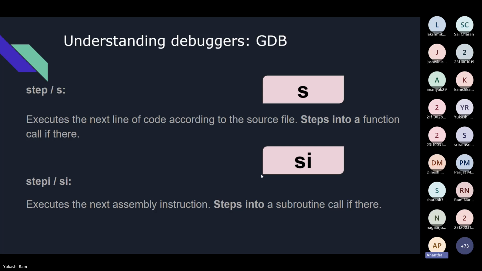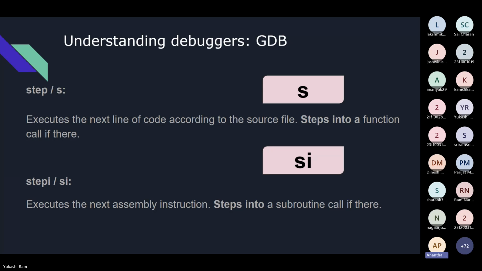Now step. Step is similar to next, but the difference is, if there is a line of code which calls another function, then next doesn't go into that function and just continues.